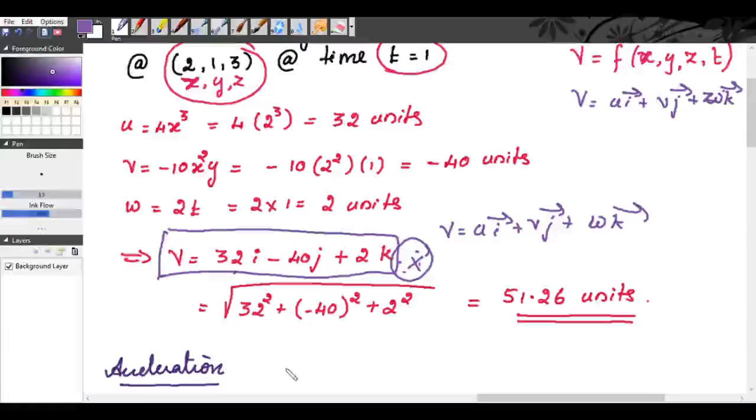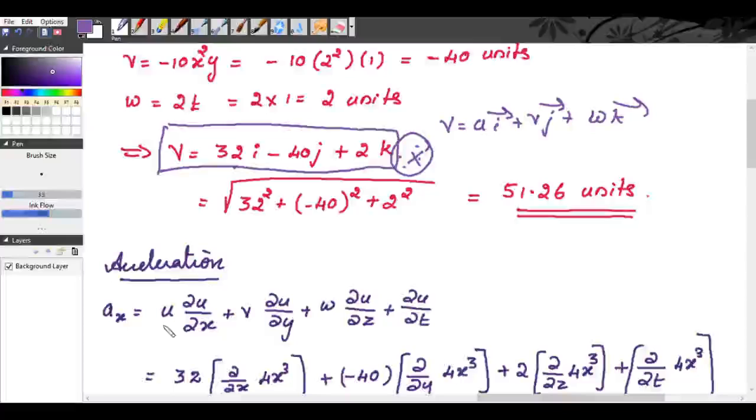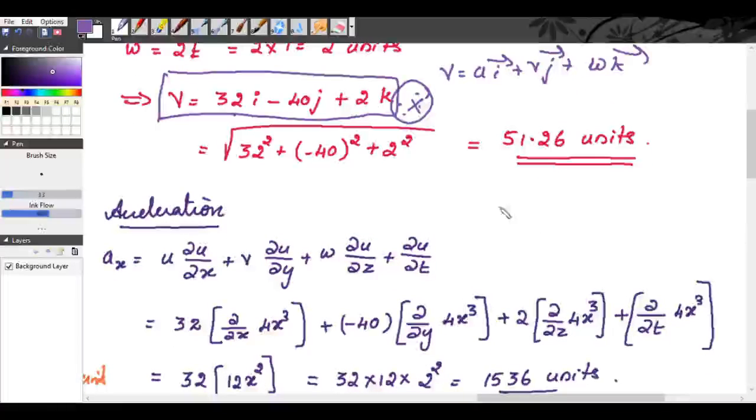Now, we will move on to the acceleration. Similarly, we know acceleration a_x is equal to the differentiation of u with respect to t. So, what we get is u into ∂u/∂x plus v into ∂u/∂y plus w into ∂u/∂z plus ∂u/∂t.